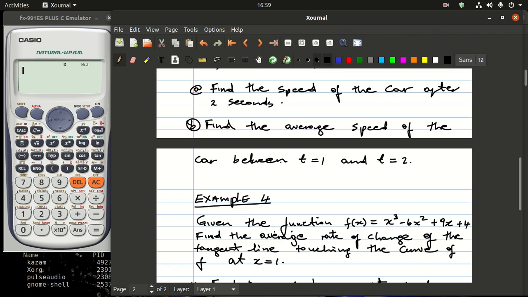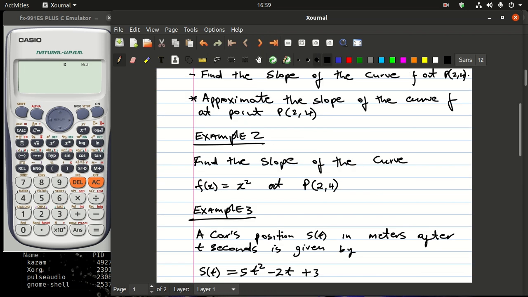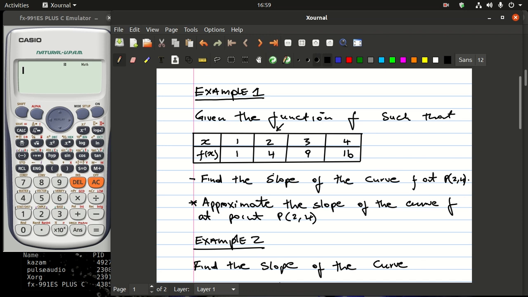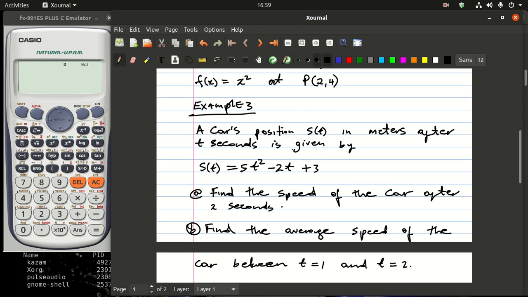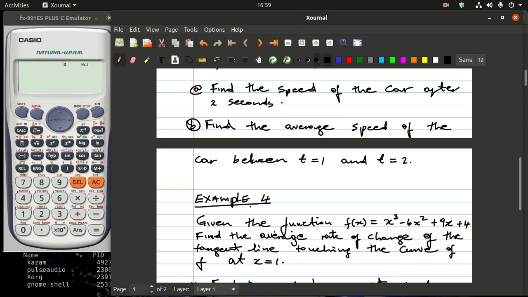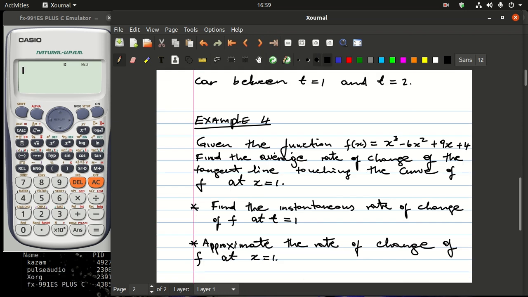Now, let's look into this, because I want us to actually look into these questions. We have answered example 1. Now, I want us to find the slope of the curve f of x is equal to x squared at this point, and find the speed of this, and find this example here.